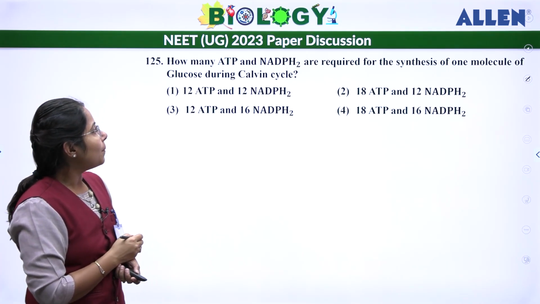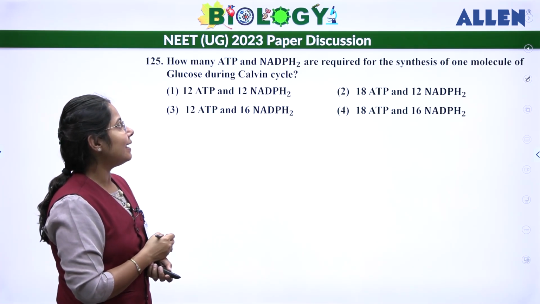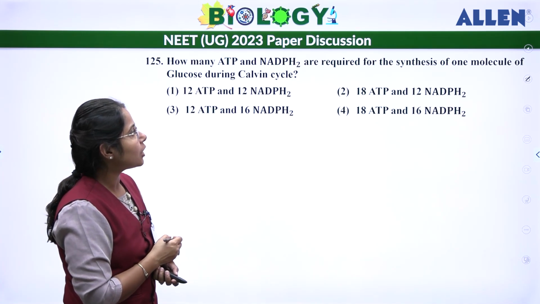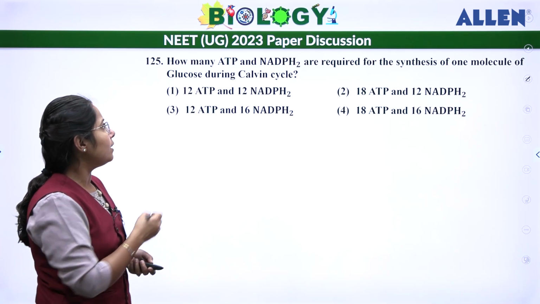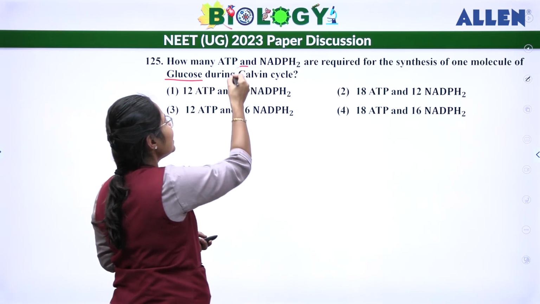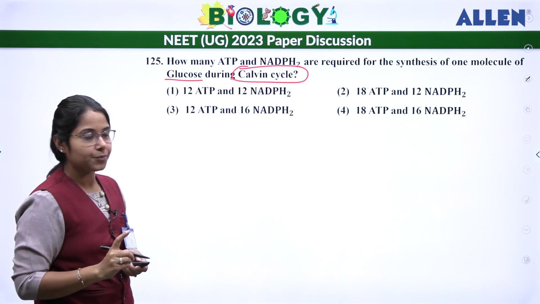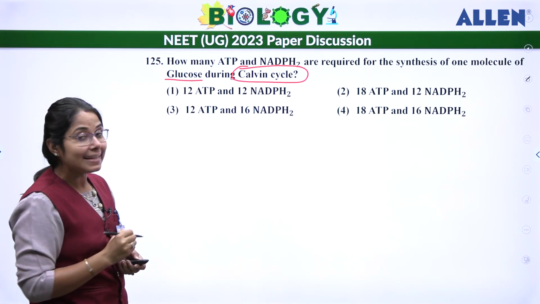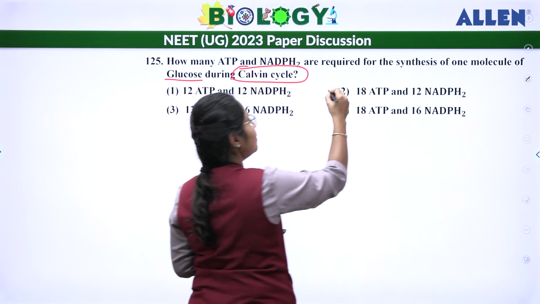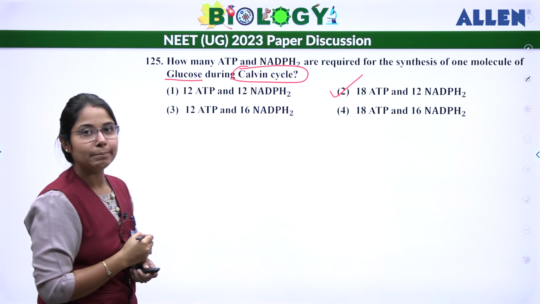Next. How many ATP and NADPH2 are required for the synthesis of one molecule of glucose during the Calvin cycle? So they are asking for the complete Calvin cycle, right? So it will be 18 ATP and 12 NADPH.